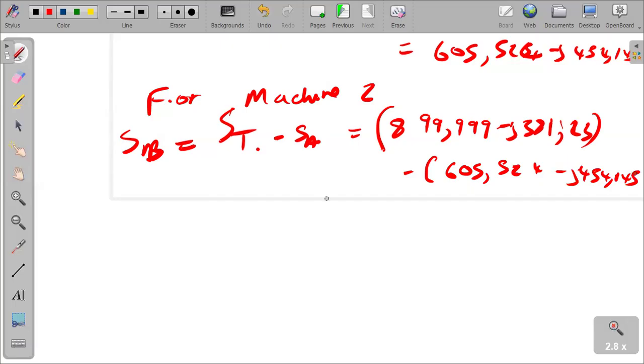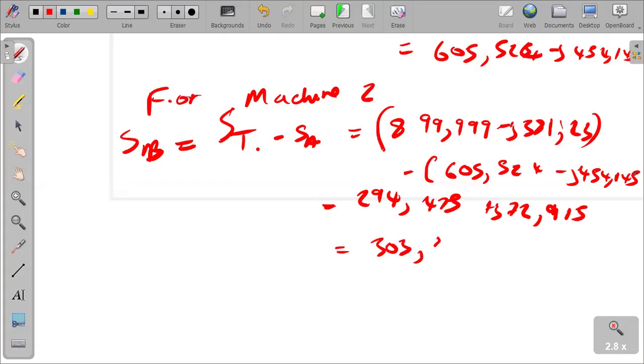Subtracting that, it will give us 294.475 plus j72.915, which is equal to 303.368 angle of 13.907 kVA. That's our SB, the power of the second machine.